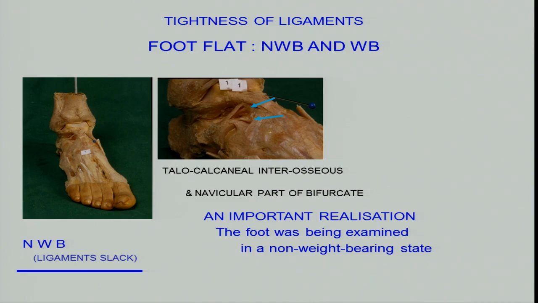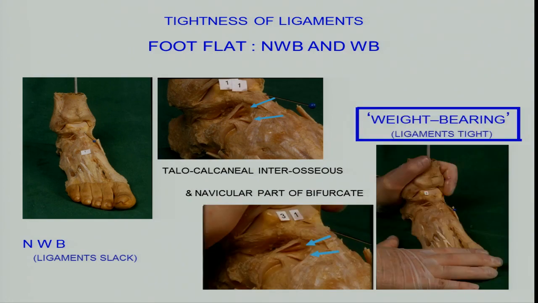So we decided that obviously the thing to do was just see what happened if we put a weight-bearing thrust on the talus. And it was magic. That's the foot flat. Top left, you can see the ligaments are slack. Bottom right, all the ligaments around the head of the talus magically became taut.